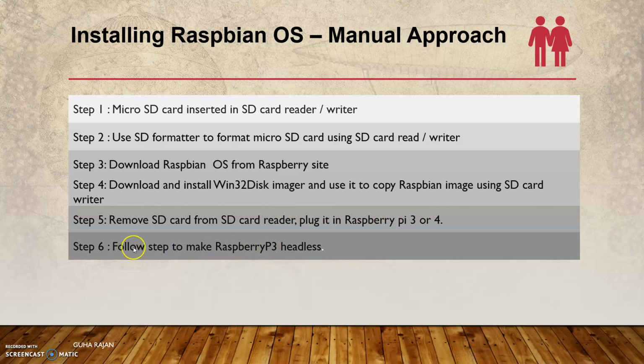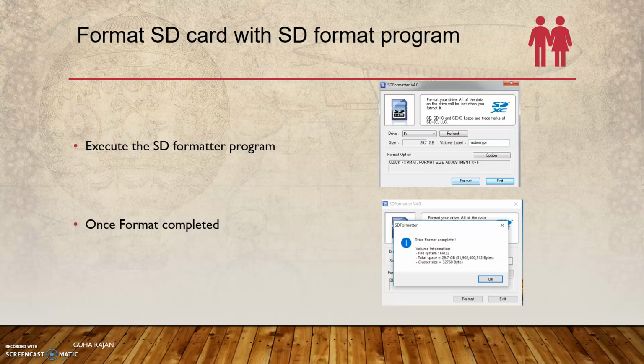So step 6 is common. I reiterate, step 6 for the headless setup is common irrespective of whether you use the Raspberry Imager or the manual approach. Otherwise, there are two approaches: the manual approach, or the auto approach through the Raspberry Imager.